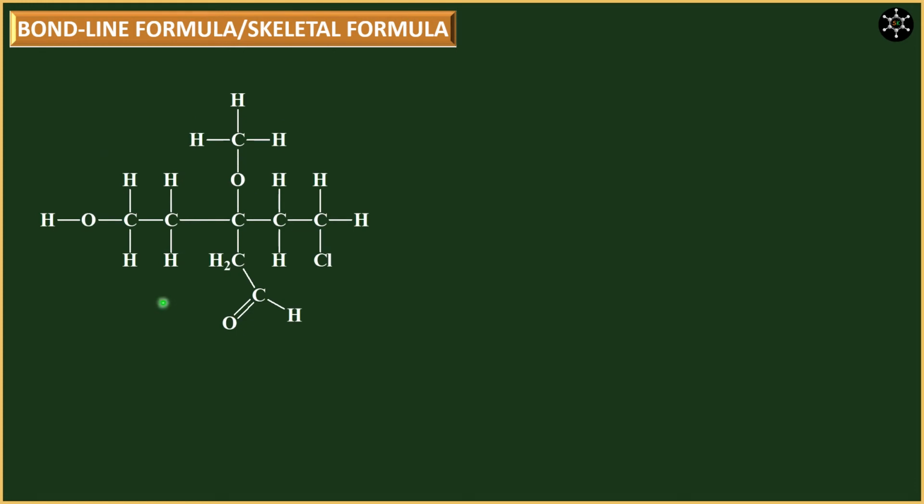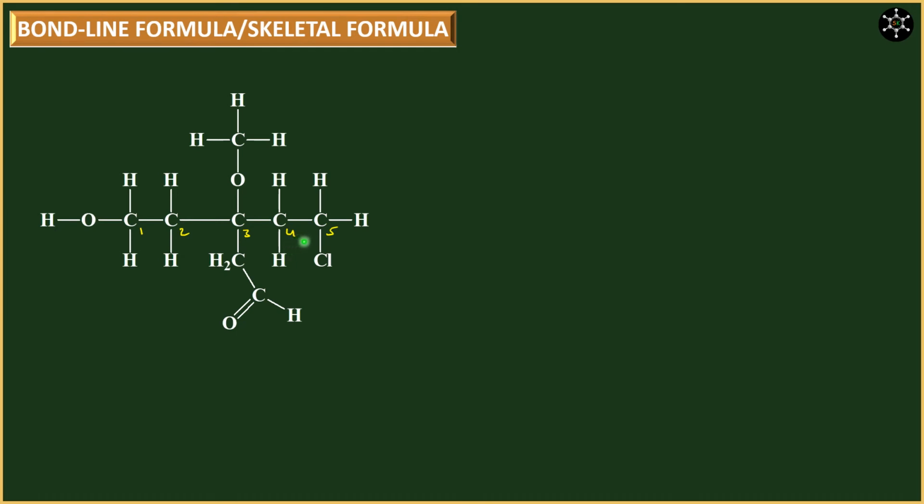This is a complex molecule having many carbon atoms and heteroatoms connected in a complex manner. To write the skeletal formula of such a complex system, first find the longest carbon chain, that is this one in this system, and number them 1, 2, 3, 4, 5. Keep in mind, these numbers have nothing to do with IUPAC nomenclature numbering.